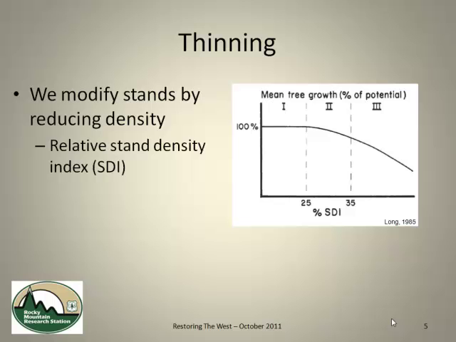It's predetermined, typically species specific. We know these things for western forest types. What we want to do is lower the total density so that the stands don't slow in growth, but try and maintain individual tree growth potential as close to 100% as we can. And here I'm going to use, for my modeling purposes, 35% of maximum relative stand density index.